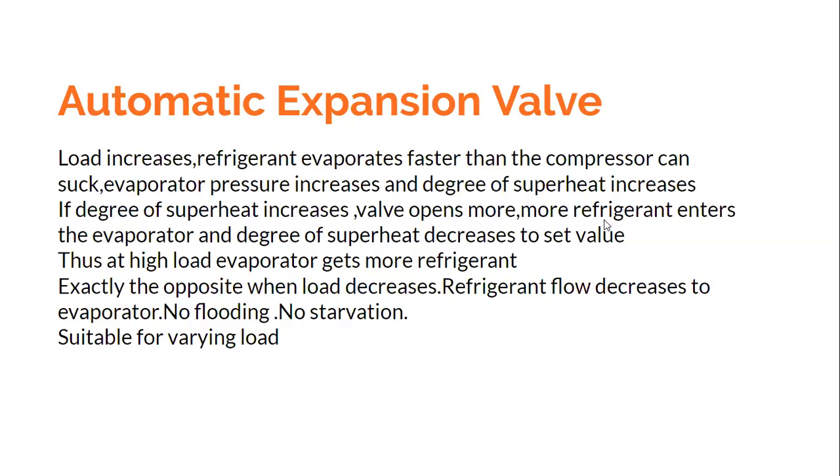When the refrigerant increases, the increased load is taken care of, and when the increased load is taken care of, the degree of superheat would decrease again to the set value. So suppose we are setting the value to 5 degrees centigrade. When the load increases, let us say the degree of superheat changes from 5 to 6 degrees centigrade. Why would that change? Because the refrigerant would evaporate faster in response to the load increase.